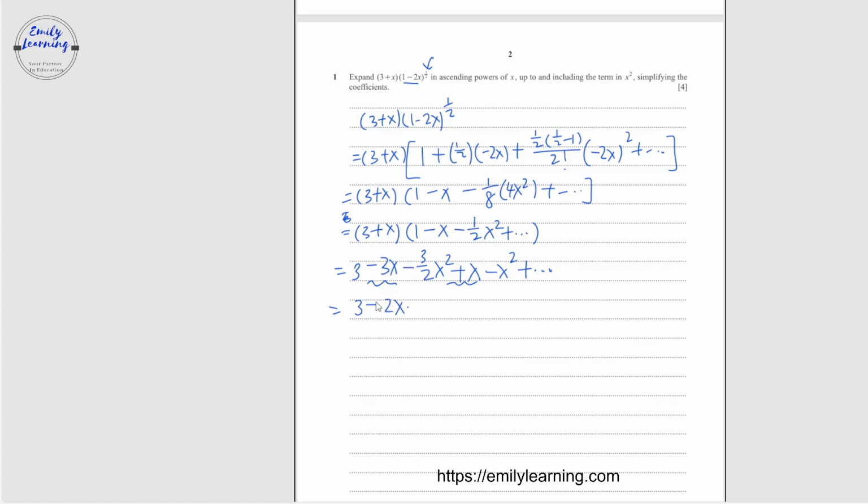Okay, so I'll have 3 minus 2x minus 5 over 2 x squared as my answer.